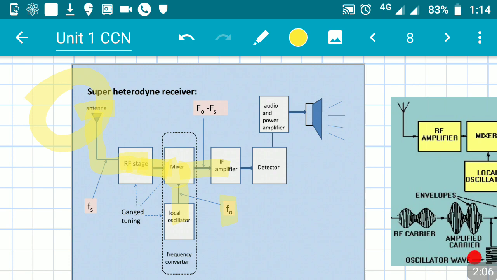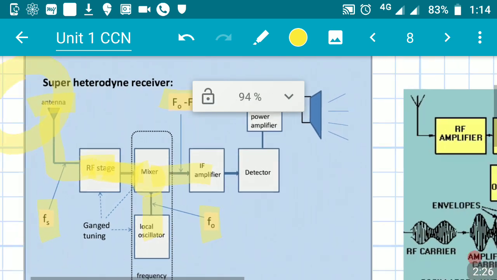We have F0 coming in from the local oscillator, we have Fs coming in from the RF stage, and we have F0 minus Fs. That is what we call the intermediate frequency. This process of generating the intermediate frequency by using the frequency from the RF stage and the local oscillator is what we call superheterodyne.